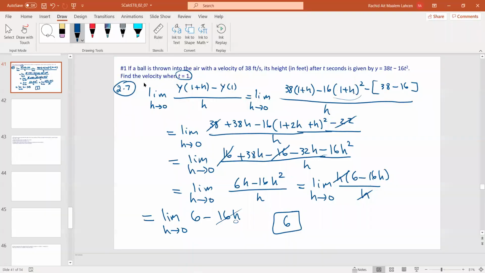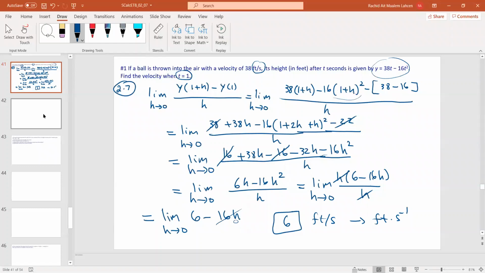Okay, so of course if we go back to the units, feet per second, they're written this way and sometimes it's written this way as well. So this is the instantaneous velocity when t equal 1 for this ball that is thrown and it's following this position function, right?